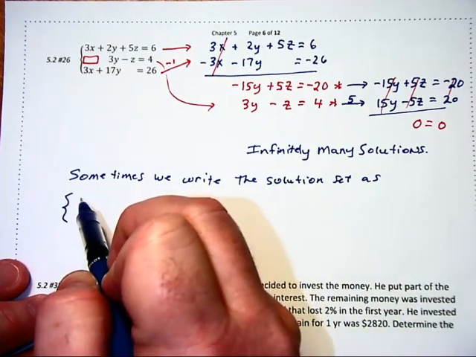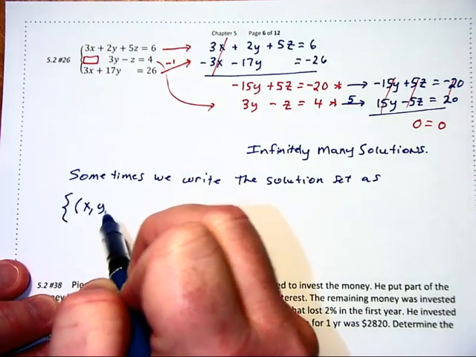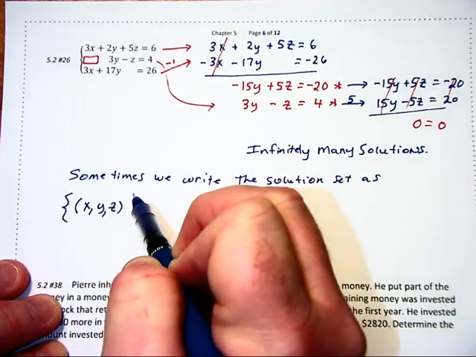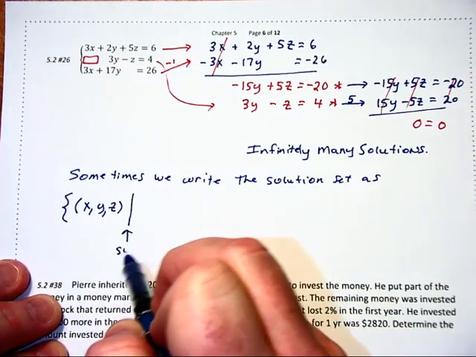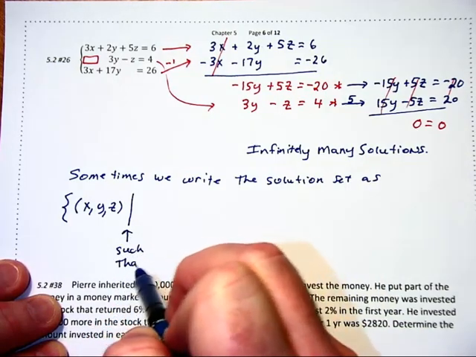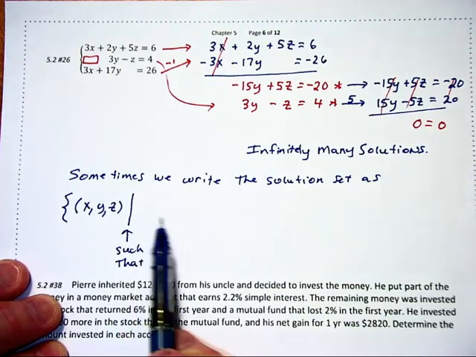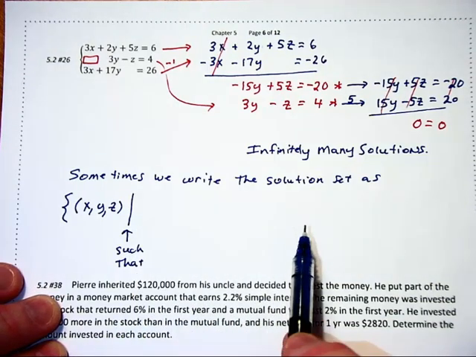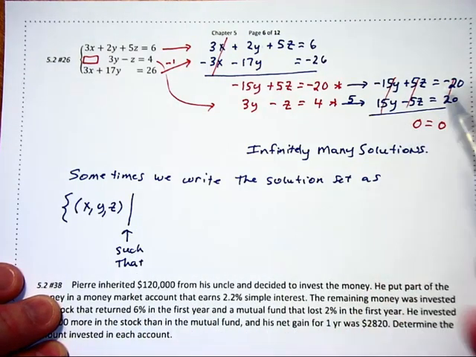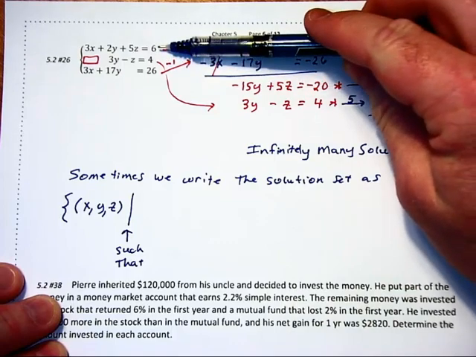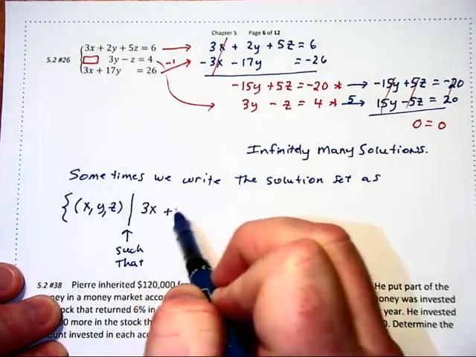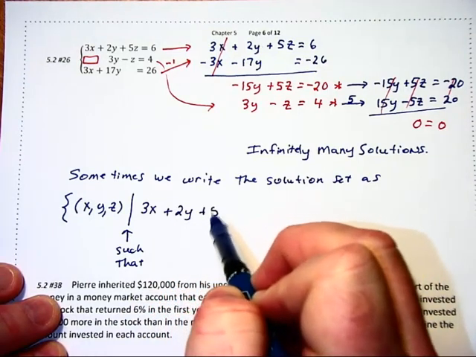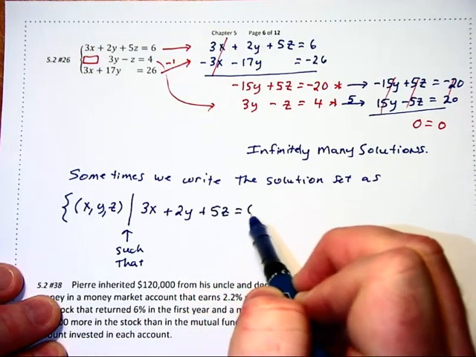We're going to say the set of all triples x, y, and z such that, remember how that bar is pronounced, such that, and now we want to describe this intersection, which ends up being the plane. And I'm going to describe it using that top equation there, which is 3x plus 2y plus 5z is equal to 6.